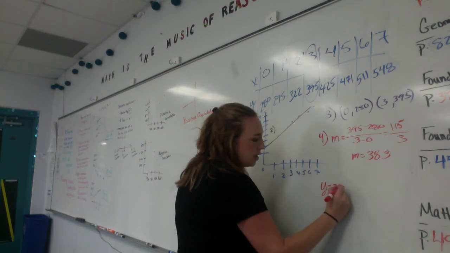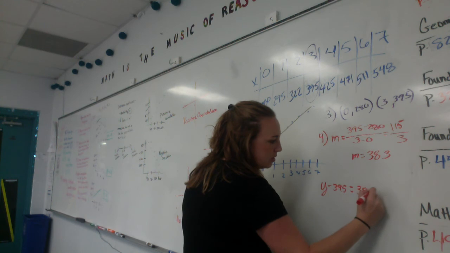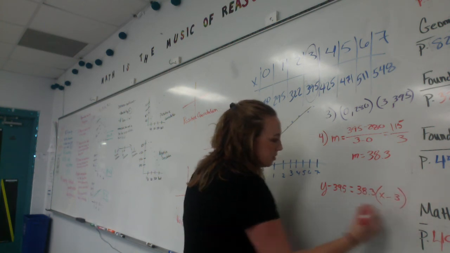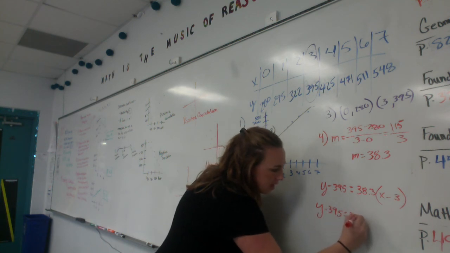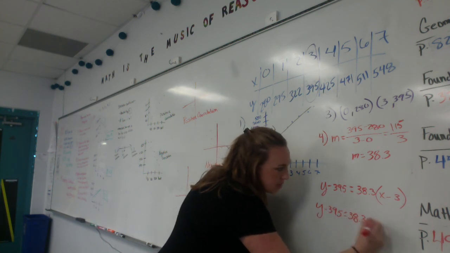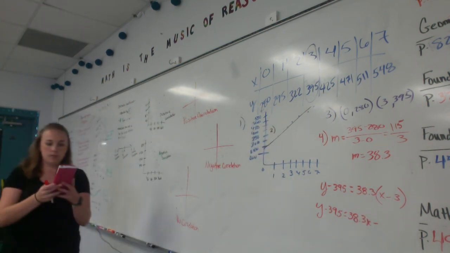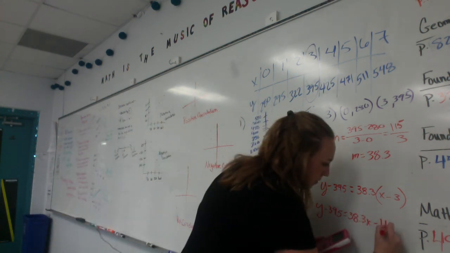y minus 395 equals 38.3 times x minus 3. So y minus 395 equals 38.3x minus, what's 3 times 38.3? 114.9, right?